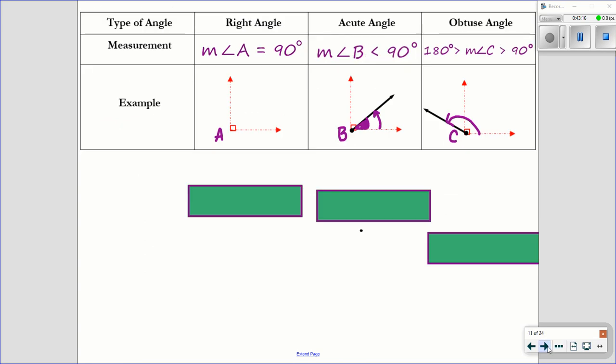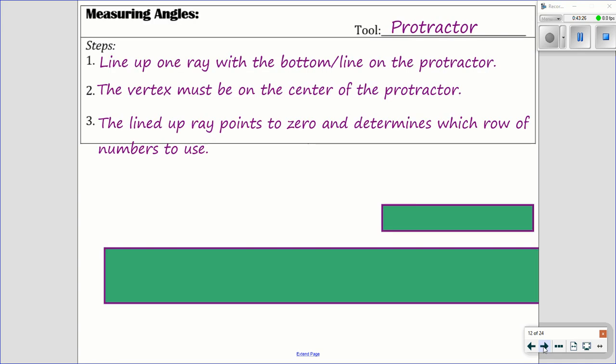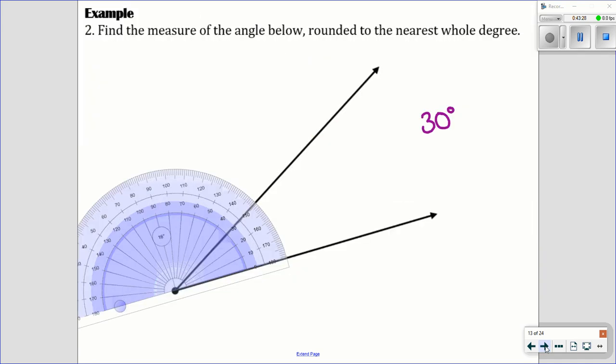And also we learned about right angles, which is 90, acute angles, which is less than 90, and obtuse, which is more than 90 but less than 180. We also learned about protractors. You line the bottom part of the protractor with your starting ray, and depending on which direction you're going, that determines which row of numbers you use.